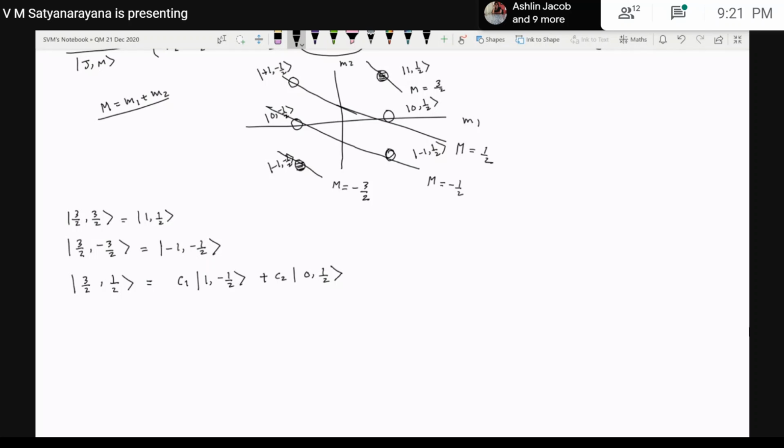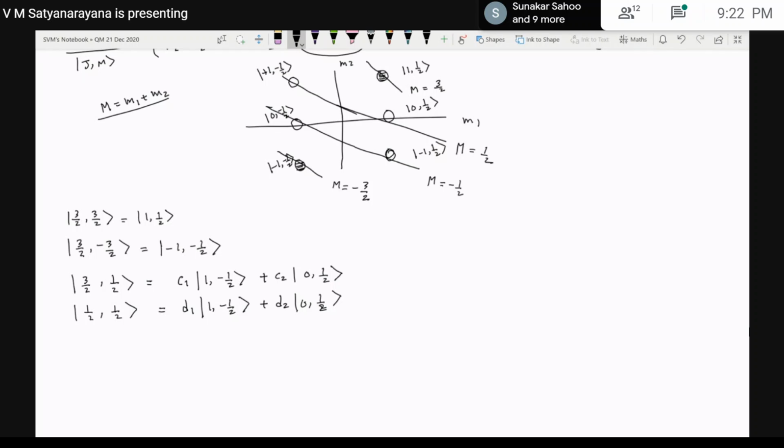The same particular thing, we can also have half comma half, which is equal to, let us say, some d1 times 1 comma minus half plus d2 times 0 comma half. So C1, C2, D1, D2 correspond to this particular.